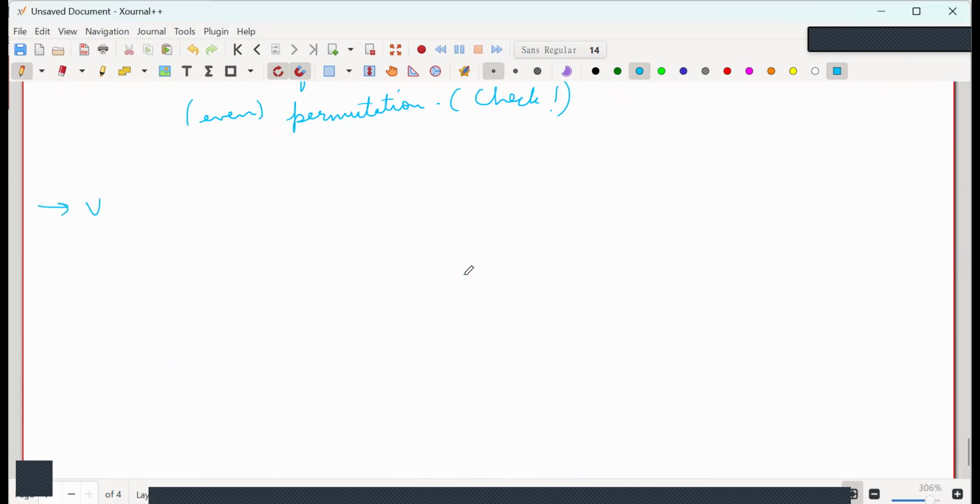Let's see, the eighth one. G is Sn. Meanwhile, you check if it is closed. H is the set of all two cycles.